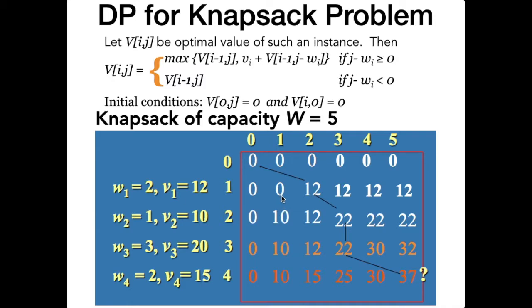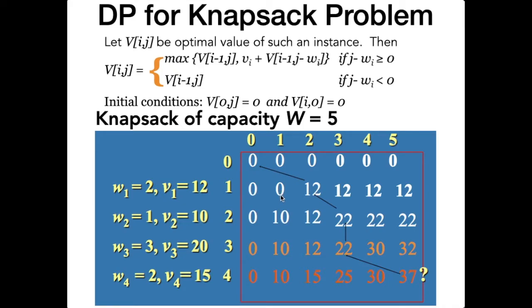So, what happens is we cannot put anything, which is the value of this cell. Okay, and the value of this cell is the value of this one. So, we just get the value of the item above, which is V(i-1,j). Same capacity but as if we had not seen the item. So, this will be its value.